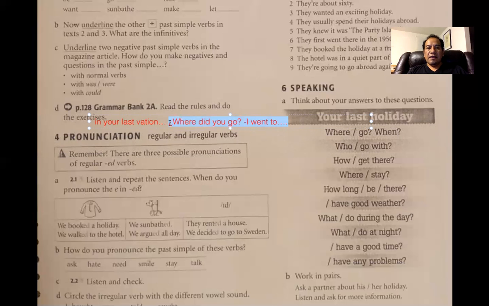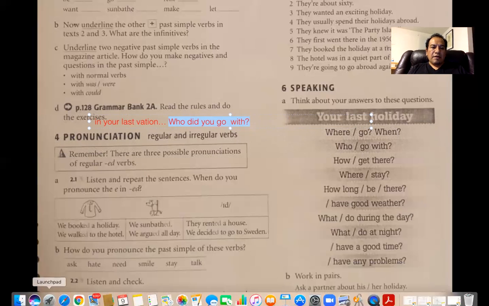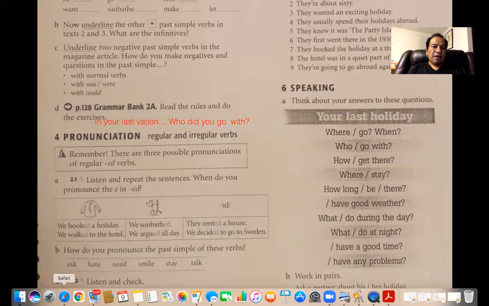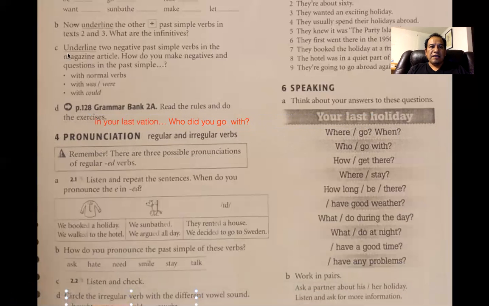And then you can ask the question, who did you go with? Who did you go with? And if they don't understand, then you can translate this and then just play it. And then just either read it or have them translate it.